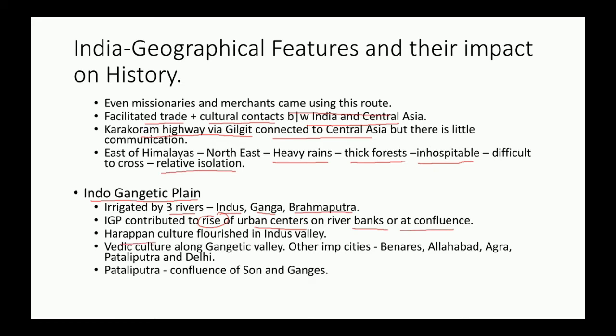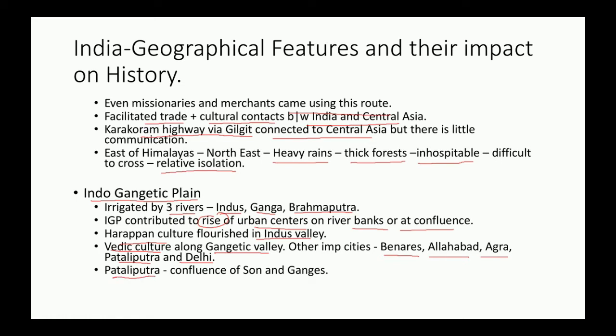Harappan culture, we all know, flourished in the Indus Valley. Then Vedic culture prospered in the Gangetic Valley, and other important cities, Benares, Allahabad, Agra, Pataliputra and Delhi, are present in this Indo-Gangetic plain.